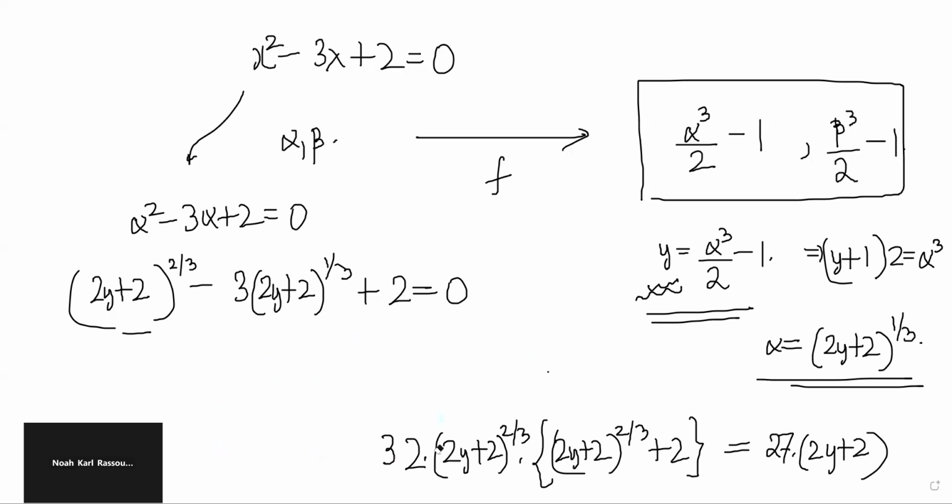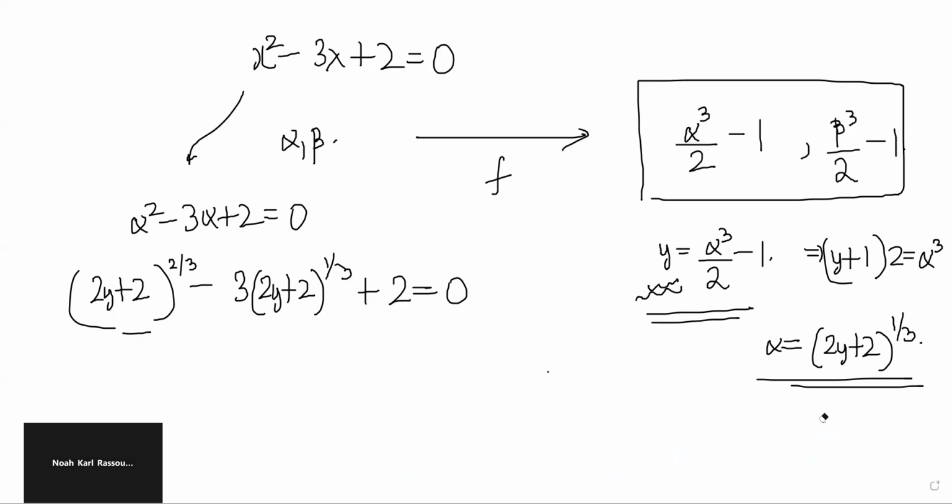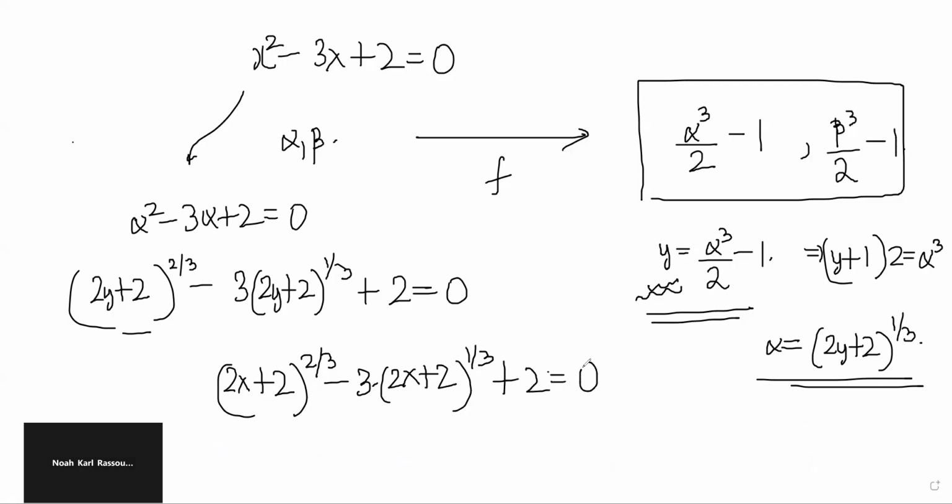I will prove that the equation is correct. We can do that. So let's say this is my new equation, right? So the new equation is (2x plus 2) to the power 2 by 3 minus 3 into (2x plus 2) to the power 1 by 3 plus 2 is equal to 0.